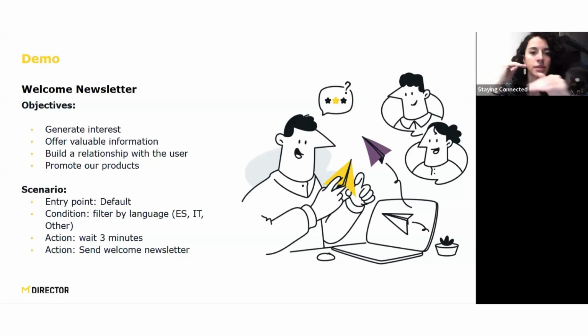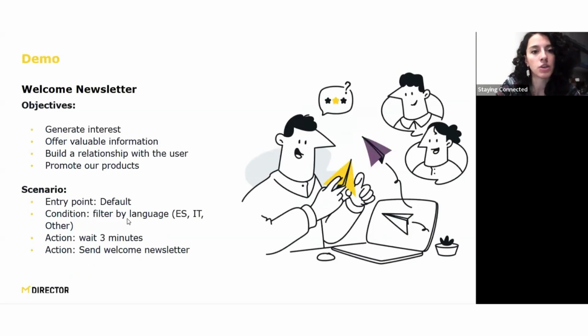It doesn't happen the same second. So we recommend every time we want the contact to do something, before the next action, we must add a waiting point, just for things to happen as they should.